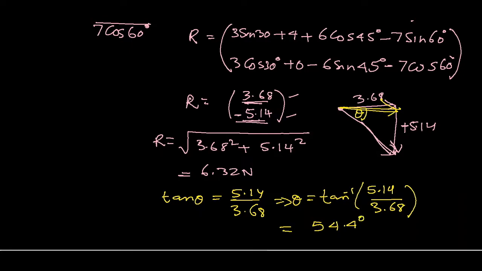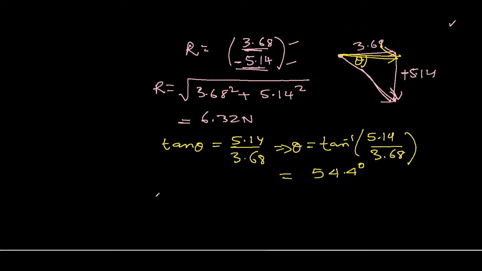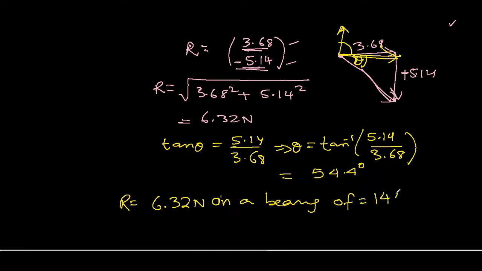So the final resultant is 6.32 newtons on a bearing of, since north is up, so 90 degrees here and 54.4 extra. So I'll add these two, it will become 144.4 degrees. That's the final answer.